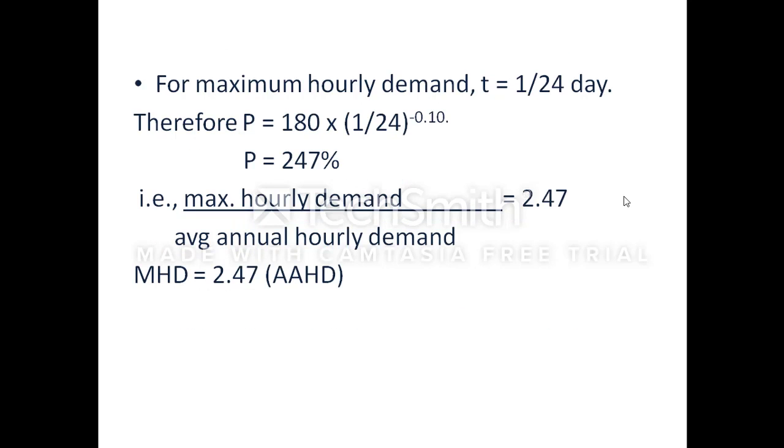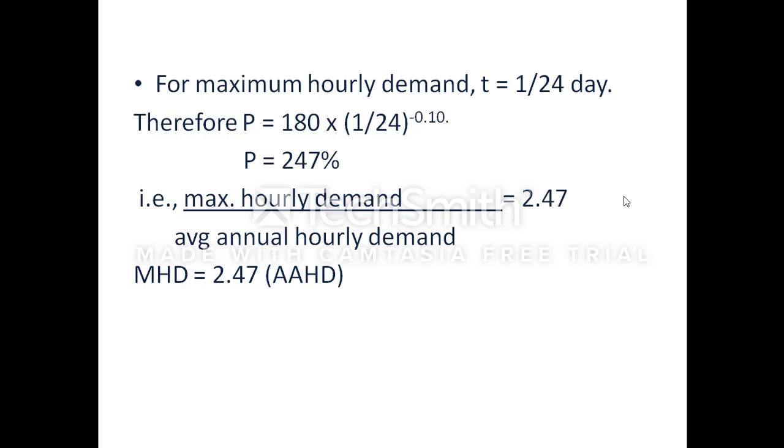Now first we will calculate the maximum hourly demand using Goodrich's formula. For maximum hourly demand, T would be equal to 1 by 24, as there are 24 hours in one day.